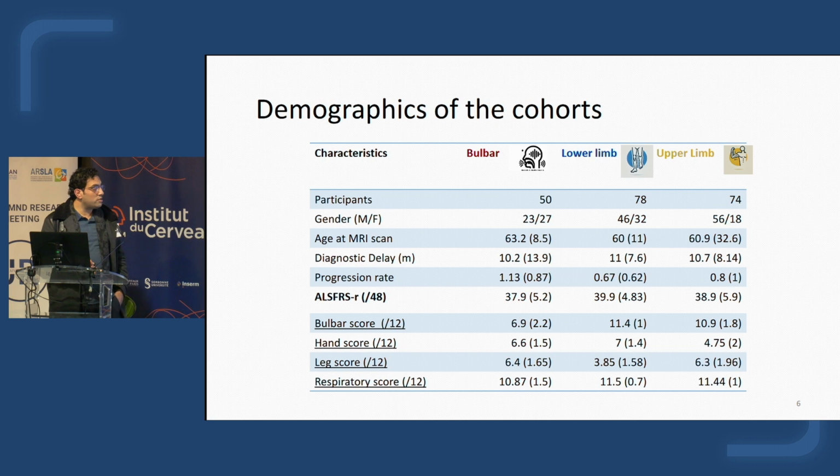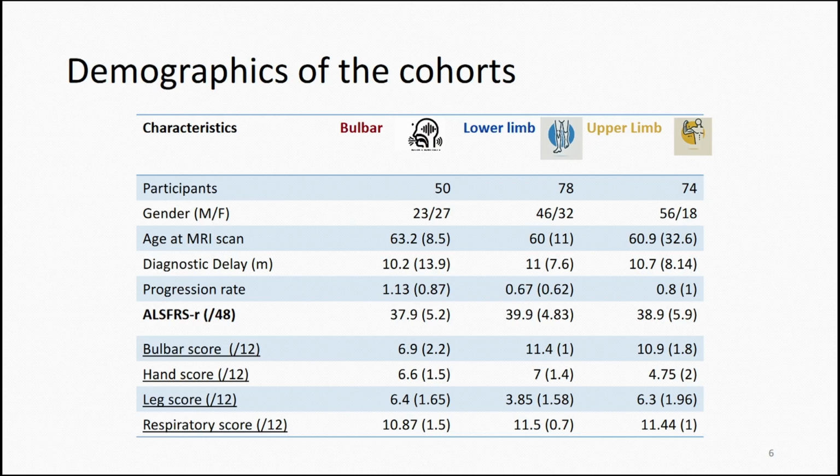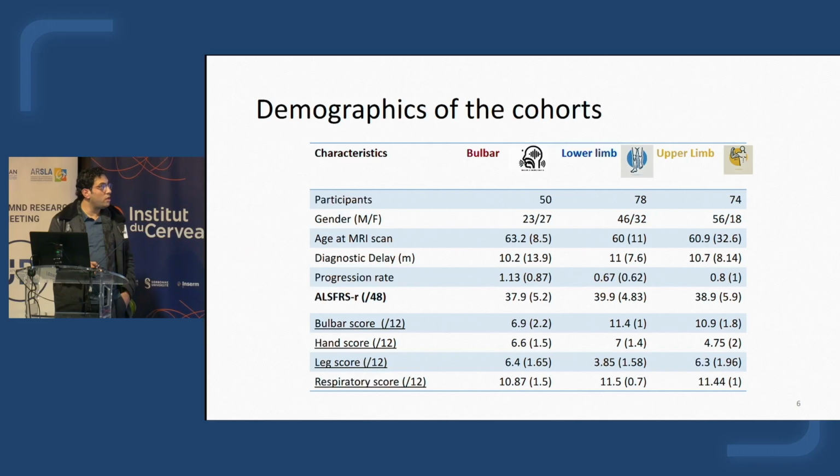Here I'm presenting the demographic characteristics of the PULSE cohort we have studied. We included 202 patients based on the site of onset of the first symptoms. For bulbar onset ALS, the affected region was the bulbar function, including dysfunction of salivation, swallowing, and dysarthria. For the lower limb, they were patients who had a deficit in their legs.